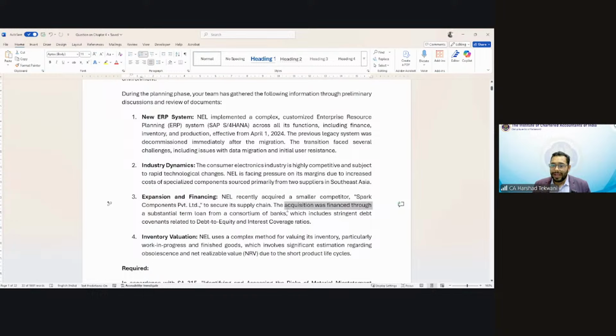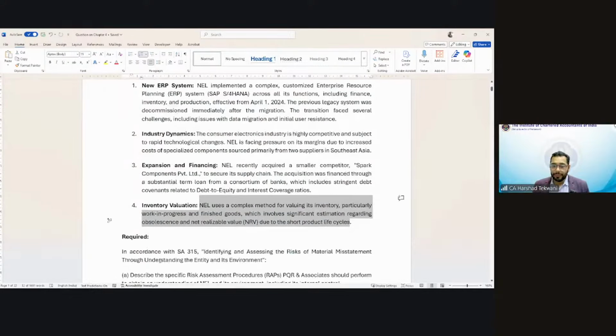The acquisition was financed through a substantial term loan from a consortium of banks, which includes stringent debt covenants related to debt-equity and interest coverage ratios. Inventory valuation: NEL uses a complex method for valuing its inventory, particularly work in progress and finished goods, which involves significant estimation regarding obsolescence and NRV due to their short product life cycle.